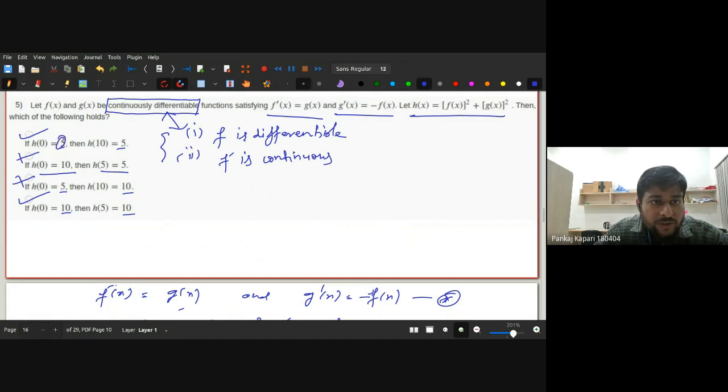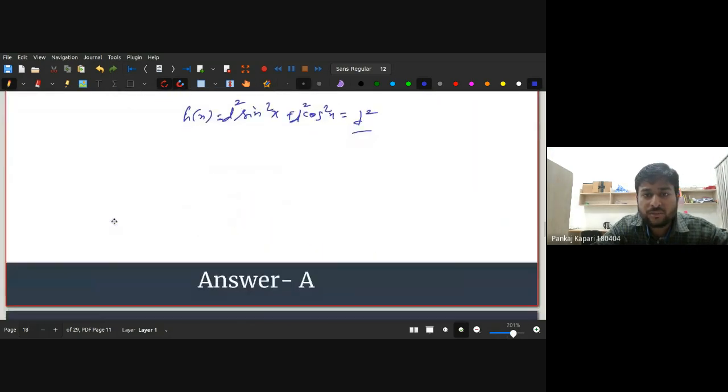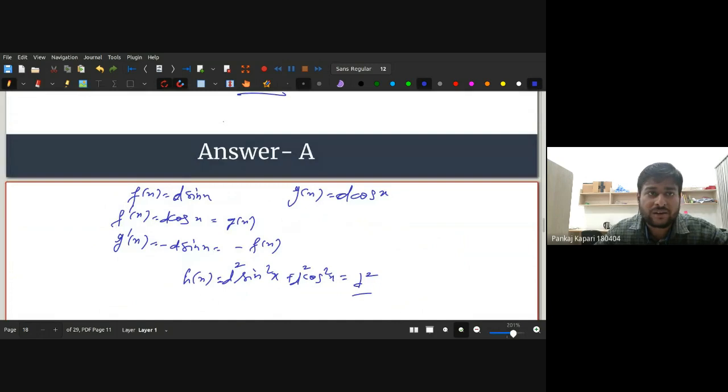The constant can be 5, or it can be 10, or it can be anything. So both options are correct, I think. So both a and b are correct, so we can say that option d is also correct.